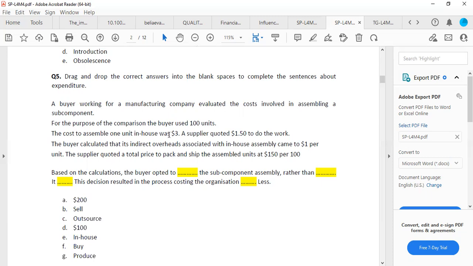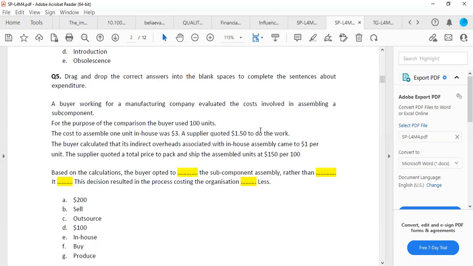For the purpose of the comparison, the buyer used 100 units. The cost to assemble one unit in-house was $3. If we assemble one unit in-house, it will cost us $3.